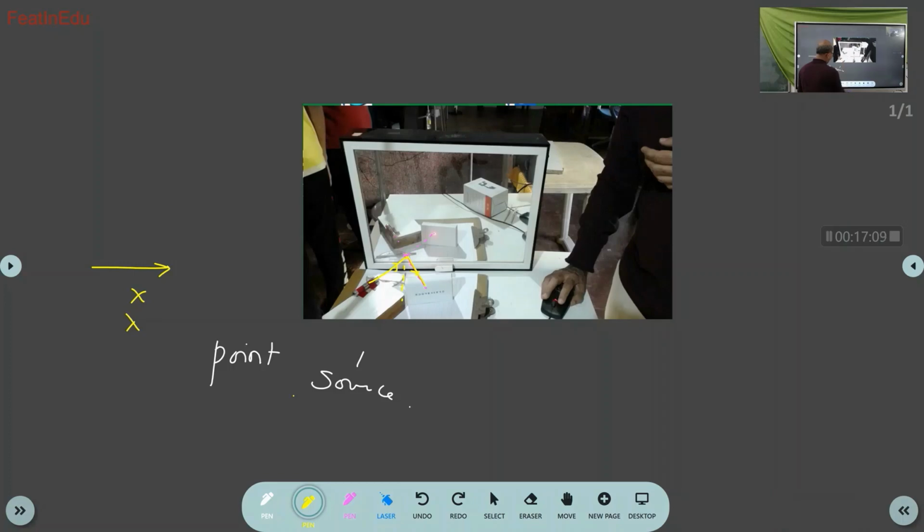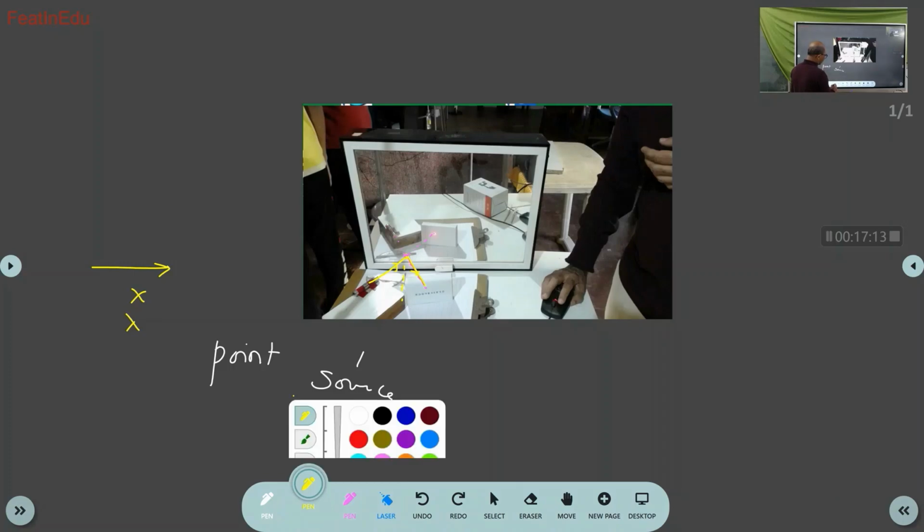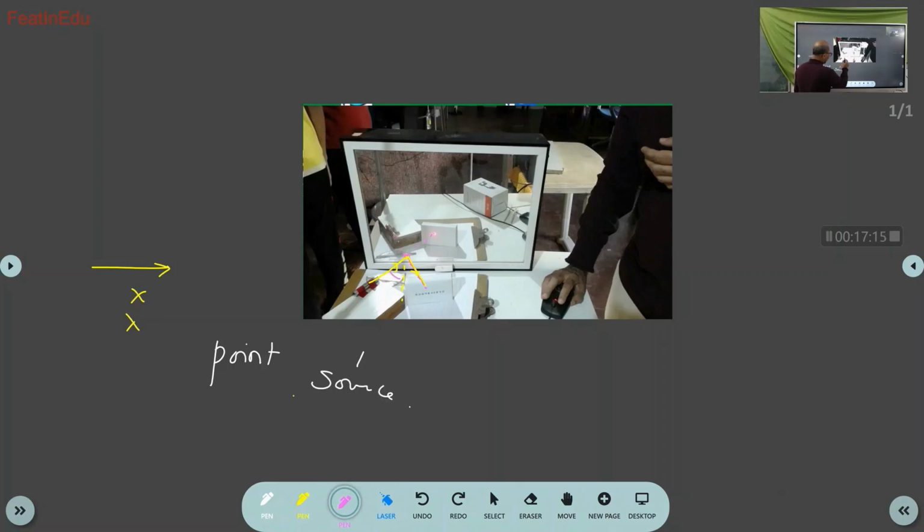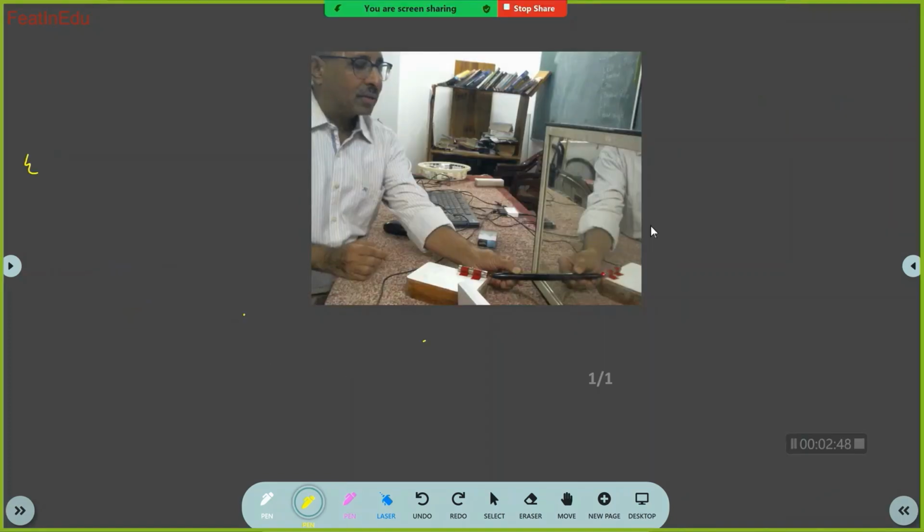So what did we measure here? We measured the angle of incidence, this is the angle of incidence, this is the angle of reflection. Okay? So this is what we have identified. Tell me, what is the image distance? Why? The same object is used to measure.